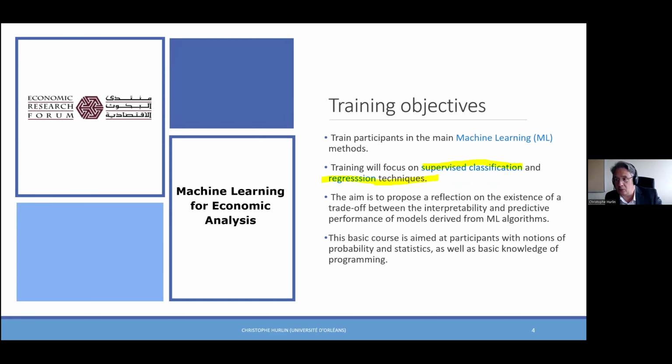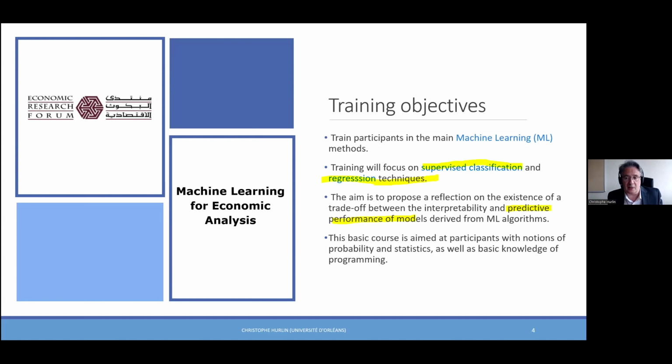I will define the term in a few minutes. The idea is to propose a first introduction to basic methods in machine learning for regression and classification, and to introduce also a reflection on the existence of a trade-off between the interpretability and the predictive performance of the models derived from ML algorithms.